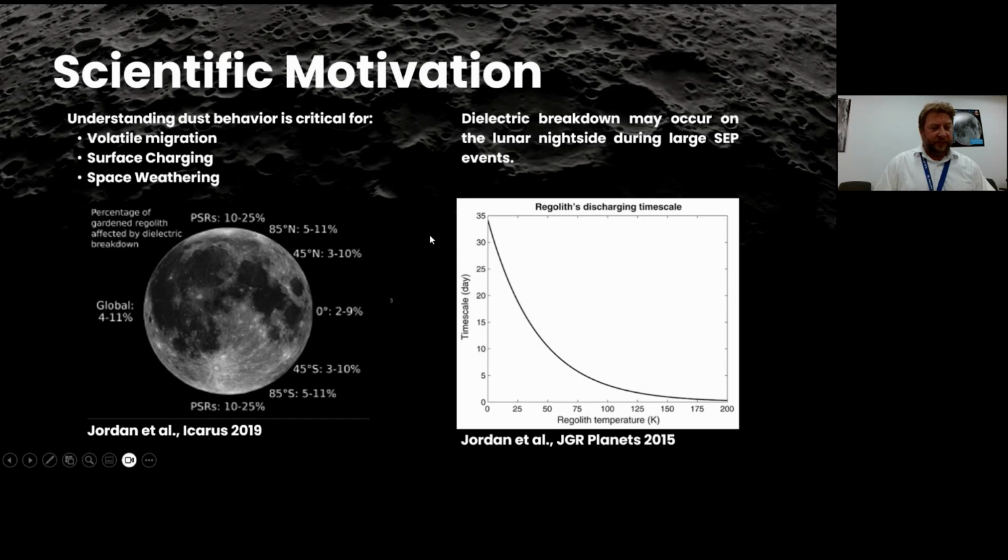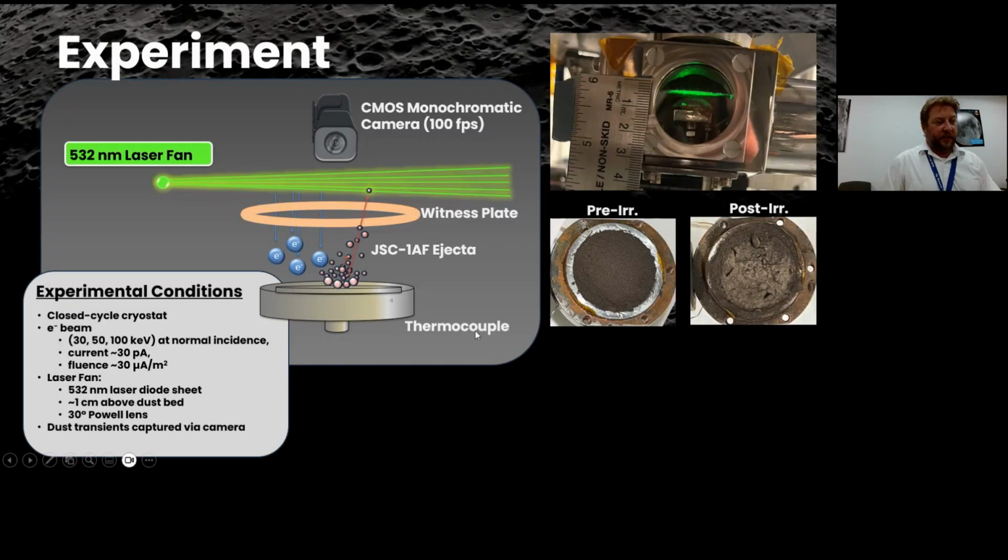So we set out to look at this experimentally, and here's a cartoon of our experiment. This is not at all to scale, but it gives you an idea of the different processes going on. Our camera is situated looking straight down on a small sample bed approximately an inch in diameter.